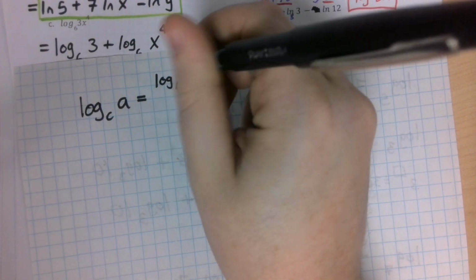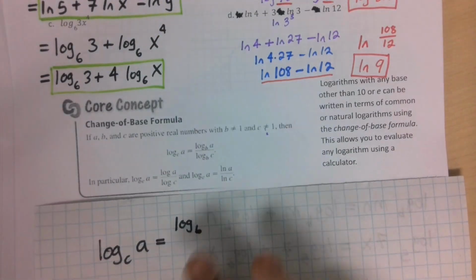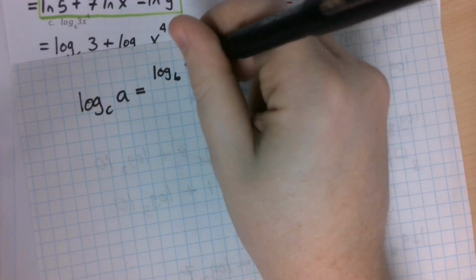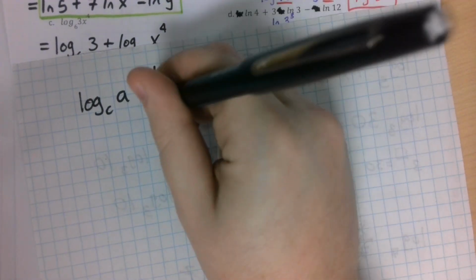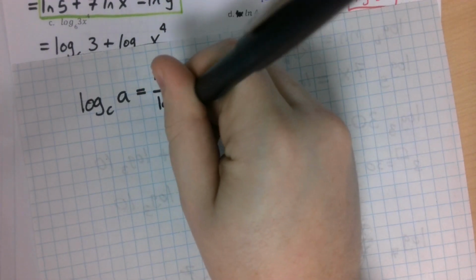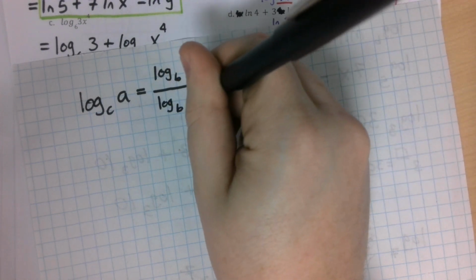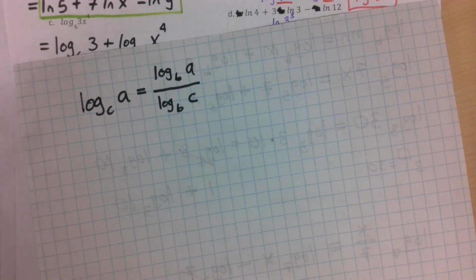We'll call it b, as long as the argument is on top of the fraction and your denominator has the same base with your c on the bottom. This is the change of base formula.